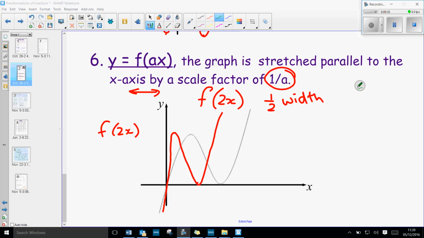If we had f of a half x, or x over 2, which is obviously the same, then it's actually going to take double the amount of time to do this. So where my original coordinate was whatever this one is, it's going to be over here, and this one would be over here maybe.